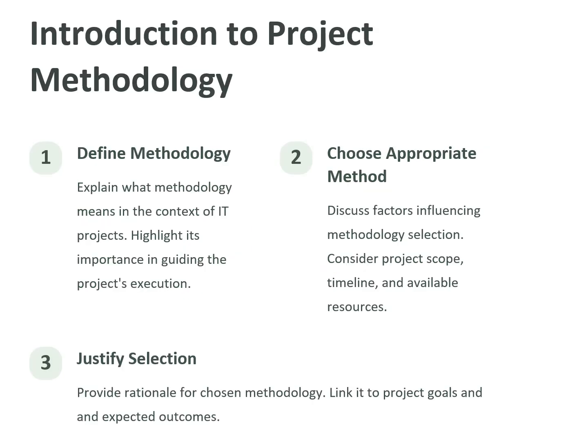In this chapter, you may write a short explanation to define what the methodology is, followed by the chosen appropriate methodology. You may provide two or three sentences discussing the factors influencing the methodology selection.